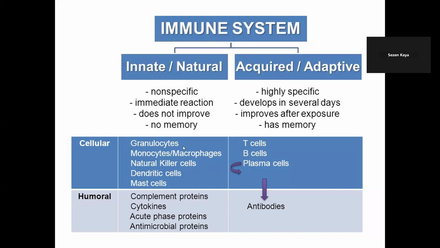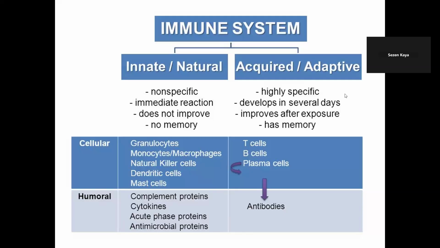Here we are also talking about monocytes, macrophages and natural killer cells, which are part of the lymphocytes. When we are talking about the innate humoral system, we mean the system of complement proteins, cytokines, acute phase proteins, and antimicrobial proteins.